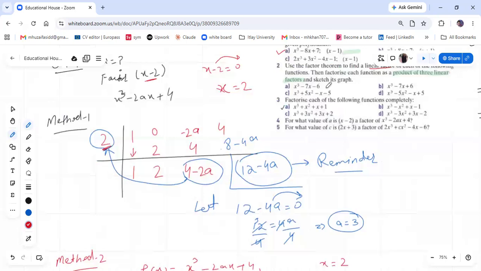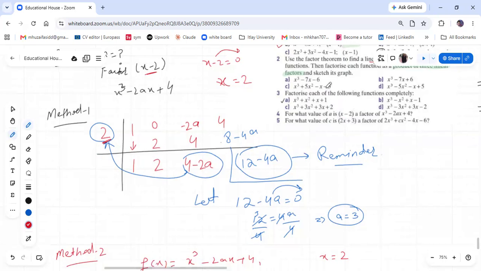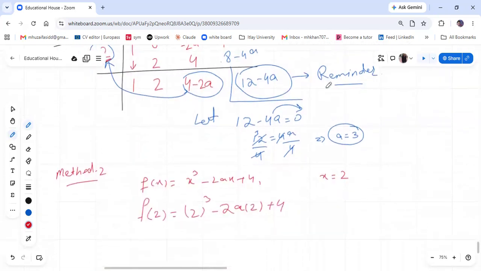But here in question 4 we are given the factor, and we are not proving it. The question said that x minus 2 is the factor of that equation, which means we follow this instruction. That's why I'm writing it equal to 0.